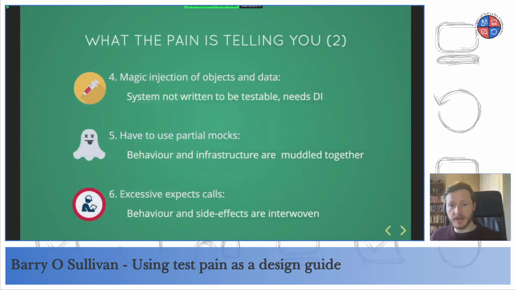All right, so then we move on to one I've seen a lot in legacy systems, magic injections of objects and data. This happens because the code was never written to be tested, and most of it was written without tests. So rather than refactor it, the developers did what we do best, figured out how to solve the problem.